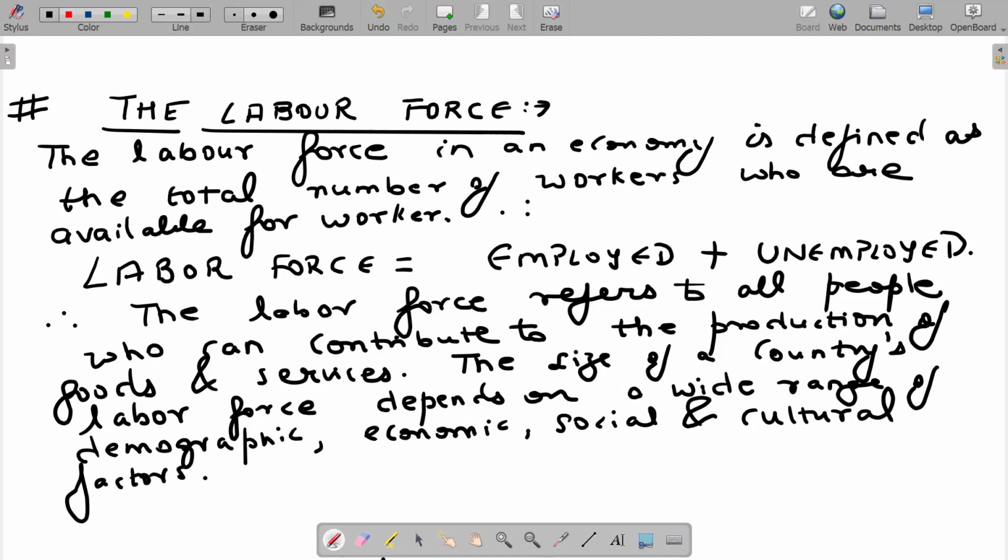Okay, such as, let's say, the school leaving age.